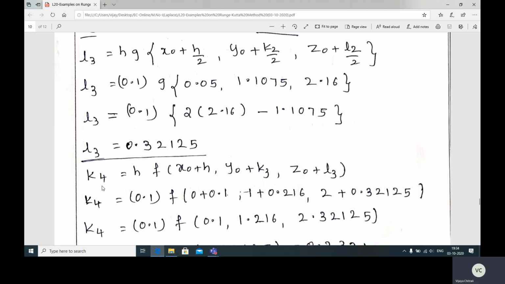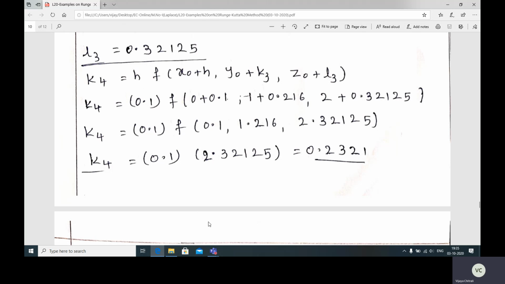So calculate f of x naught plus h is 0.1, y naught plus k3 is 1.216, z naught plus L3 is 2.32125. But f of xyz is z. So 0.1 into 2.32125 is 0.2321. So this is K4.